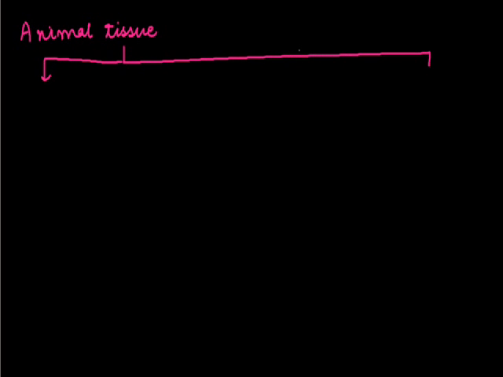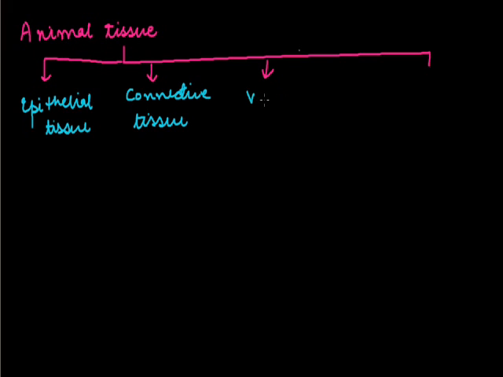Animal tissues are further divided into four broad categories. It is epithelial tissue. Second is connective tissue. The third one is muscular tissue, and the last is the nervous tissue.